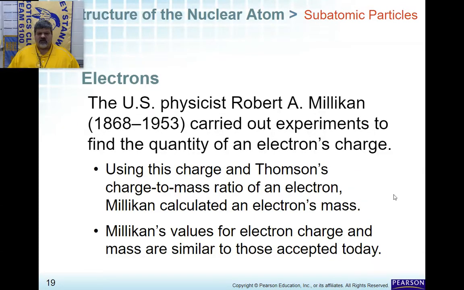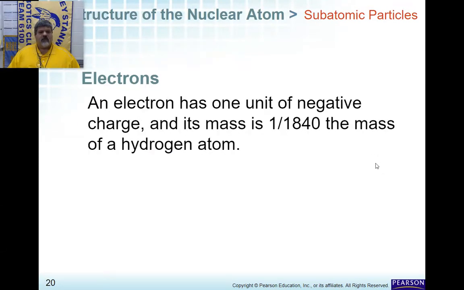We knew that the mass was extremely small to begin with, but we really know that it's 1/1,840th that of the hydrogen atom, which is only really made up of a proton, no neutron. So again, it's that much smaller.